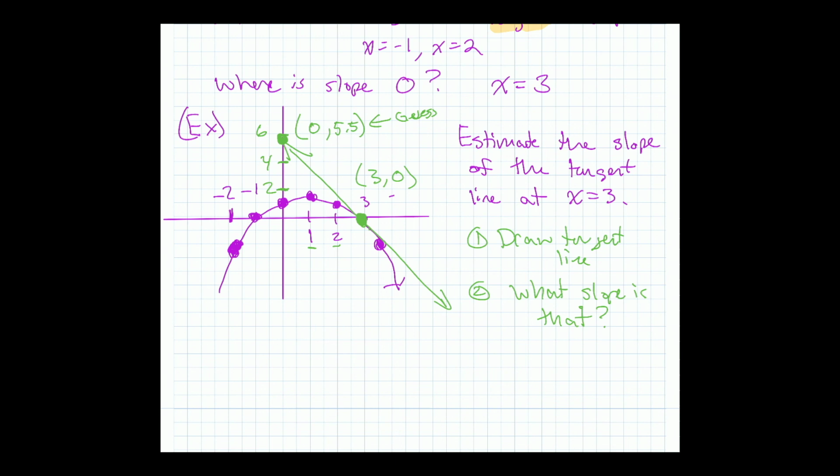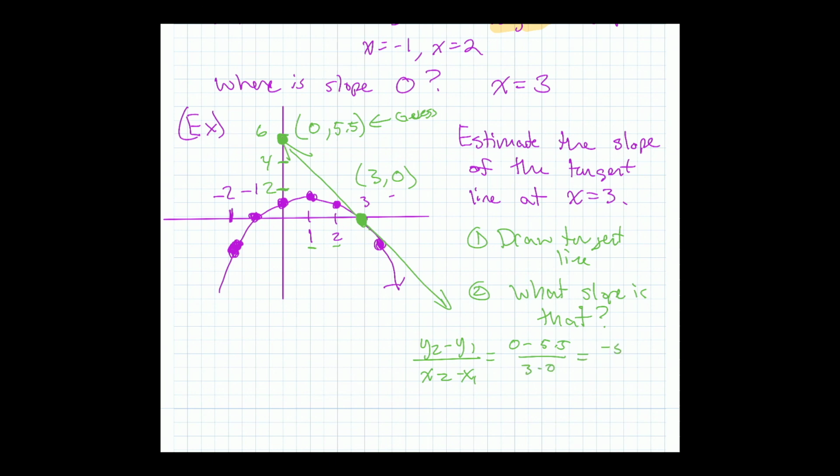Now once I have 2 points, I can find the slope. So slope is... it's not really a different number. I said, what slope is that? Well, it's y2 minus y1 over x2 minus x1. That is, let's say, 0 minus 5.5 over 3 minus 0.